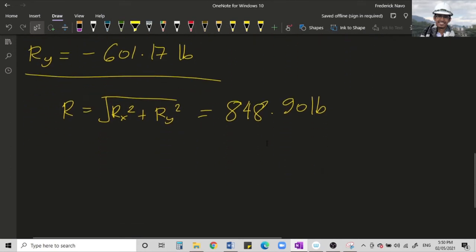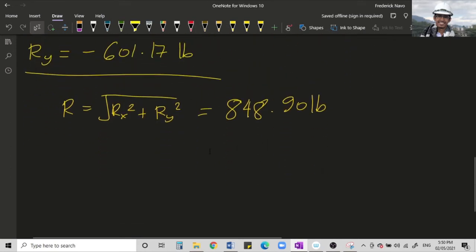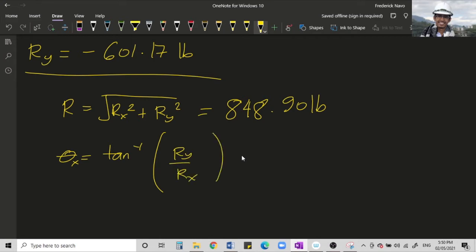And para makuha natin yung angle theta niya about x-axis, so that is equal to the inverse tan of negative 1 times Ry over Rx. So this is the absolute value. So that is equal to the inverse tan. So ano yung Ry natin?